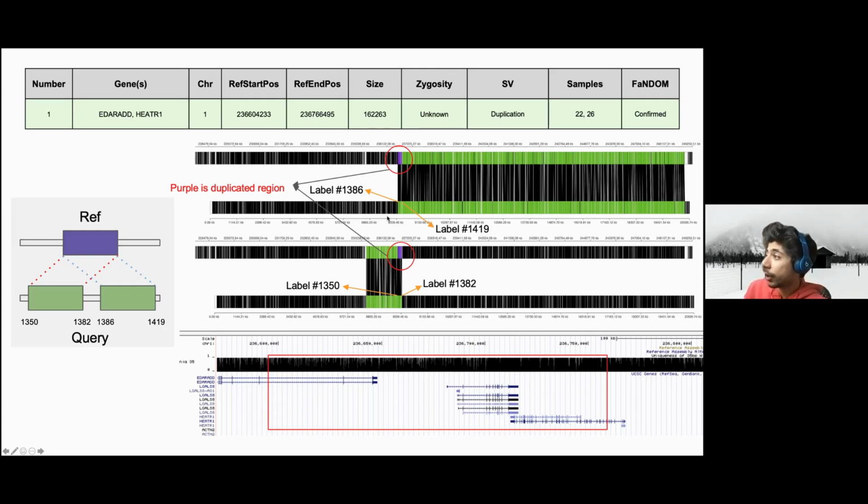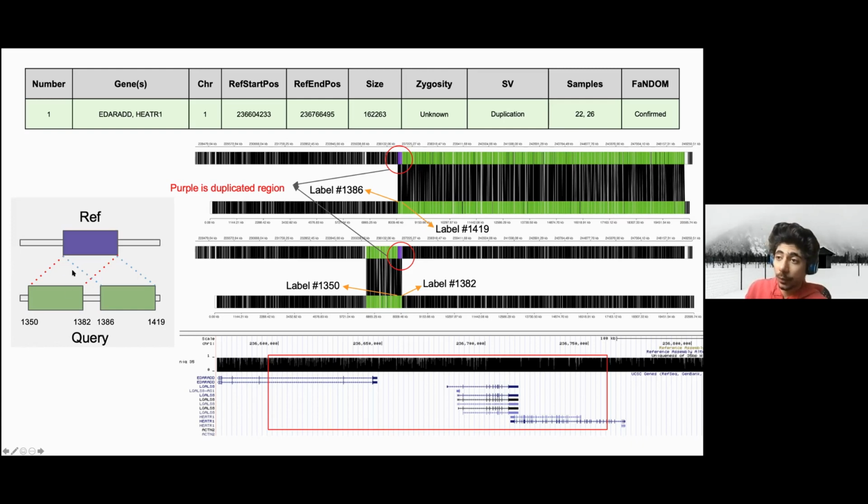There are 2 partial alignments of the contig to the molecules. From the labels, 1350 to 1382 aligned to the purple region. Also, the labels from 1386 to 1419 again aligned to the purple region.